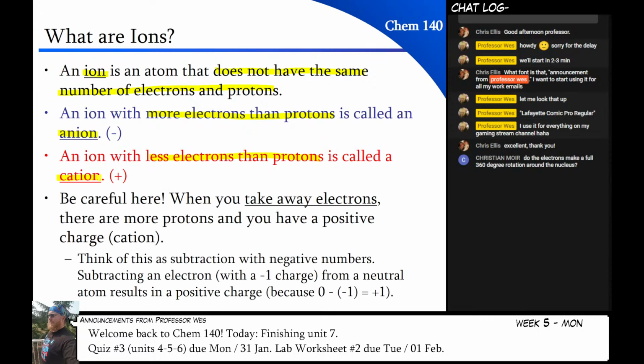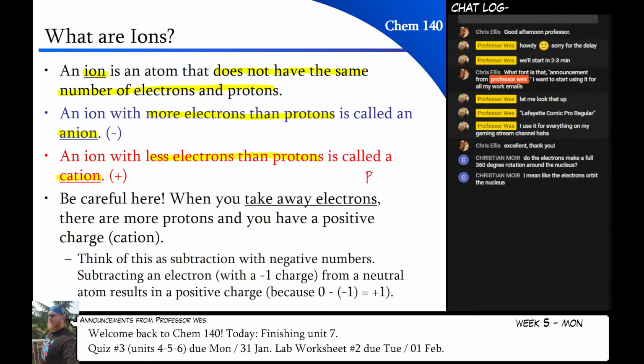Now, something to note here is that if you are removing electrons, you are removing a negatively charged thing. And what that means is that the number of protons will be larger than the number of electrons, and you will have a positive result.